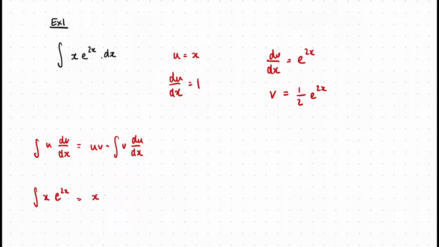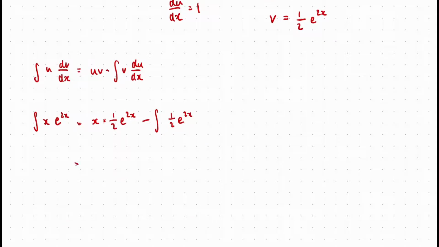So x times a half e to the 2x minus the integral of v du dx, which is going to give me the integral of half e to the 2x times 1, because du dx was 1. So this is going to become half x e to the 2x minus the integral of a half e to the 2x, which is going to become a quarter e to the 2x plus c.